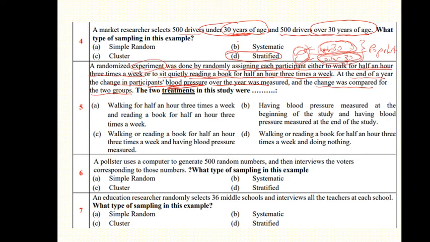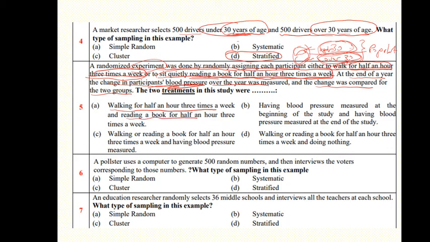The two treatments in the study were, so we treated the groups, we gave special instructions to them. What are they? One of them is walk for half an hour 3 times a week, and the other is reading quietly, reading a book for half an hour 3 times a week.